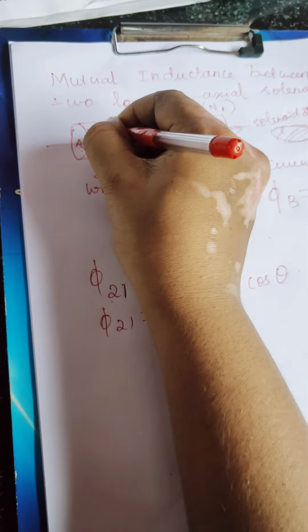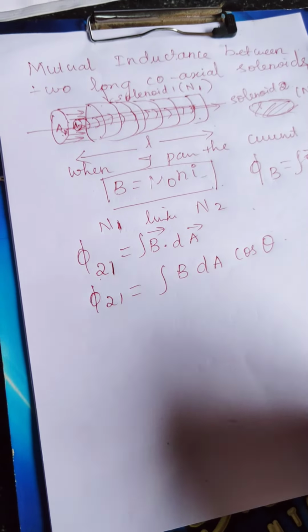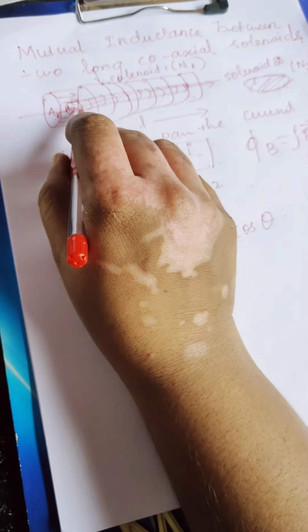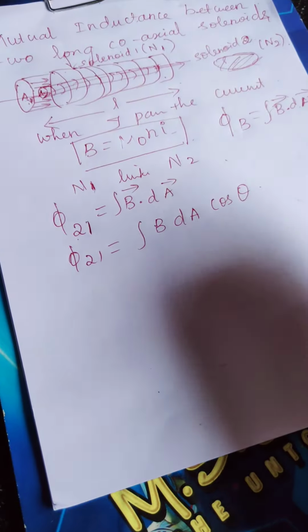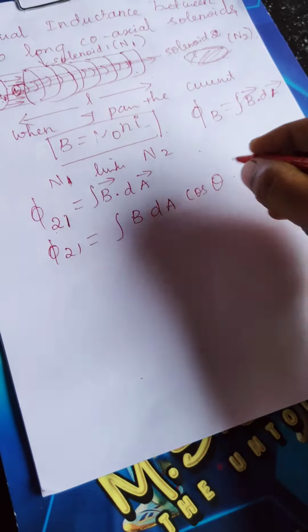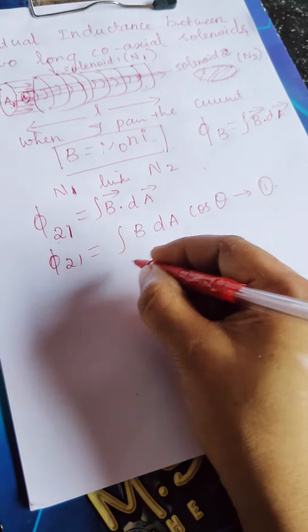In this case I will have parallel magnetic field lines like this, so there is no angle. I can take this as 0 degrees, and cos 0 degrees is equal to 1.